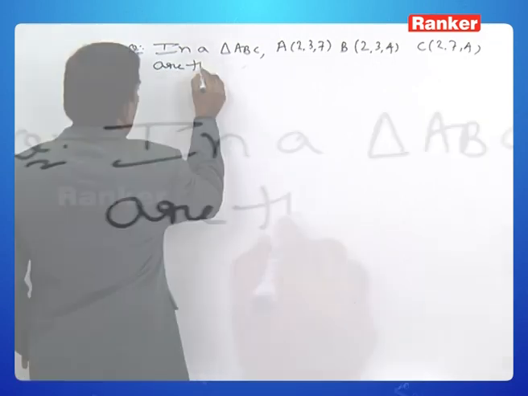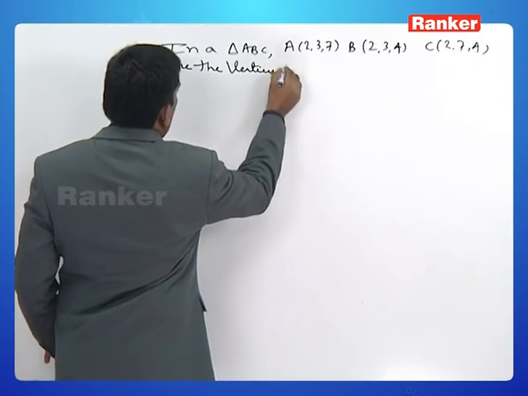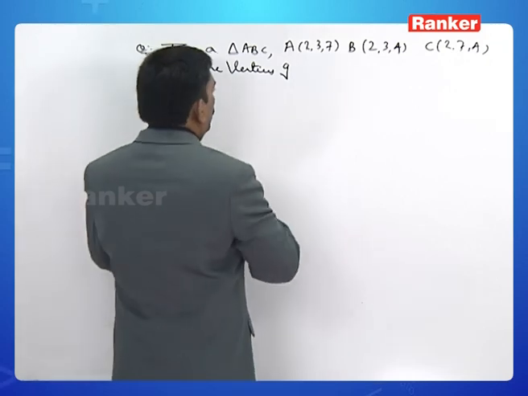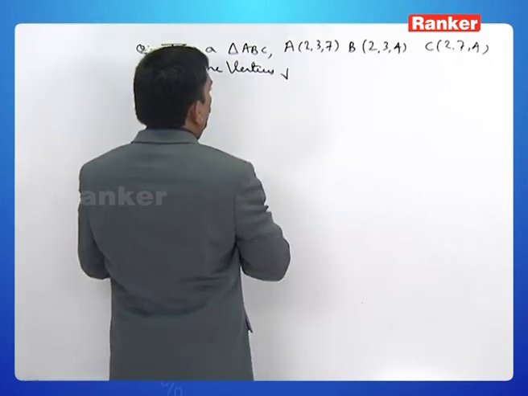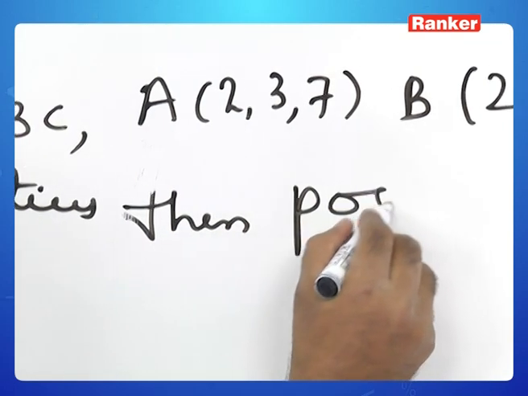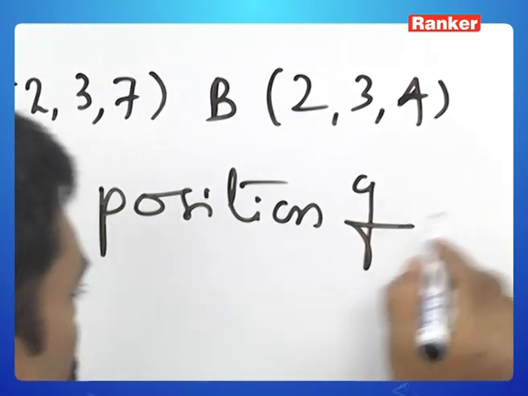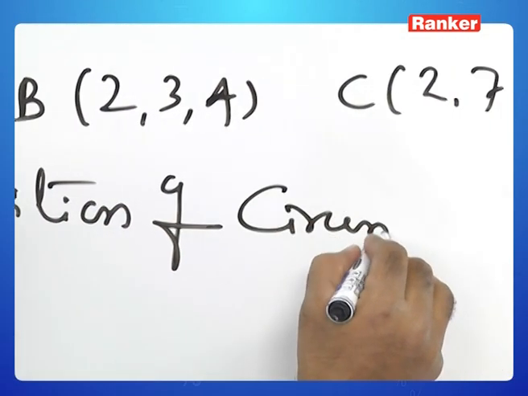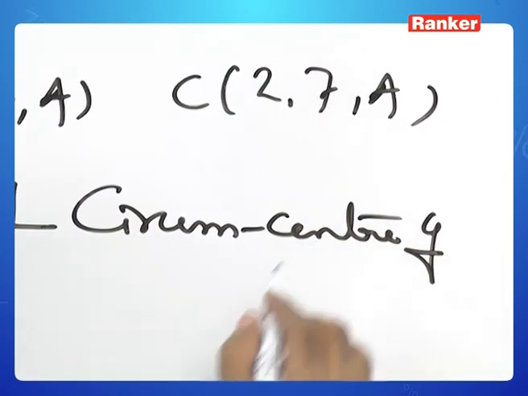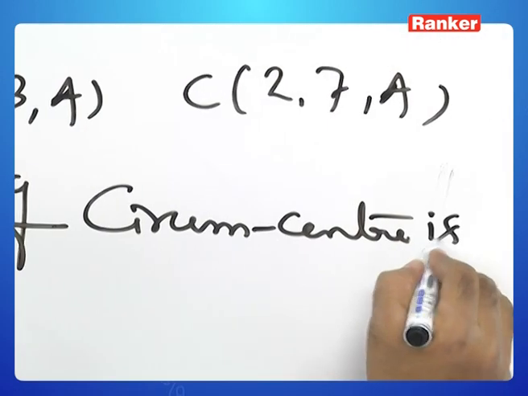Then the position vector of the circumcenter is dash.